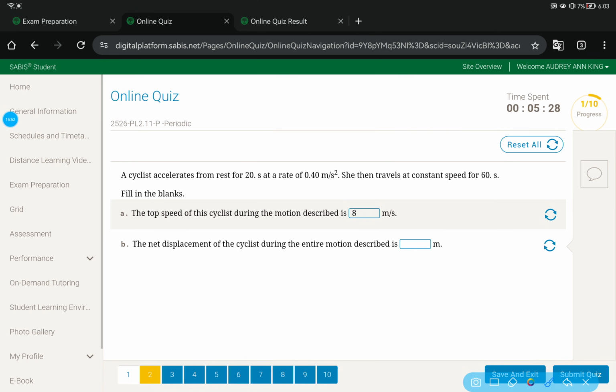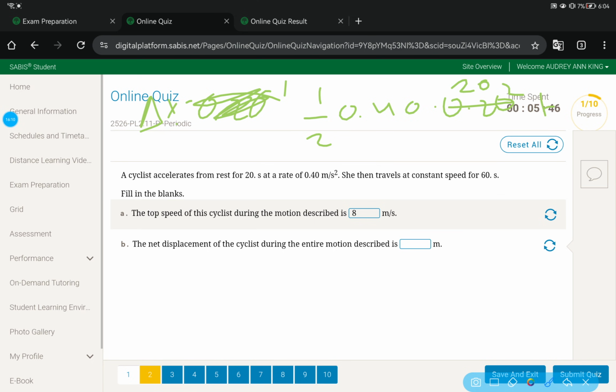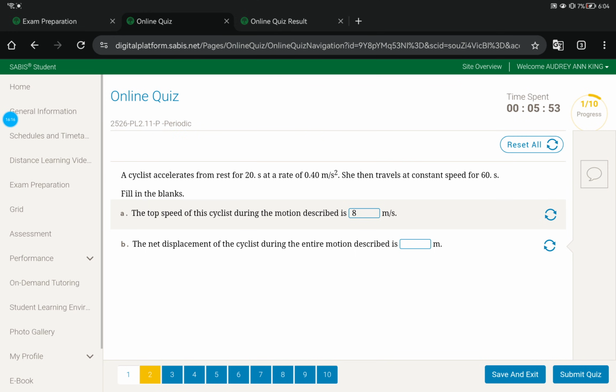But just replace, so you get half of 0.40 times 20 squared plus 0 times 20. So after doing the math, you should get this equal to 80.